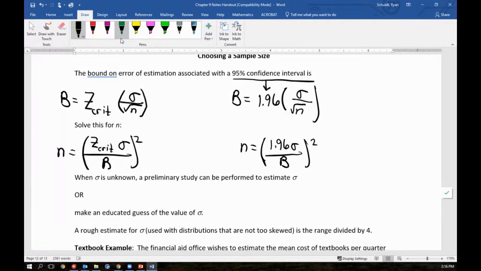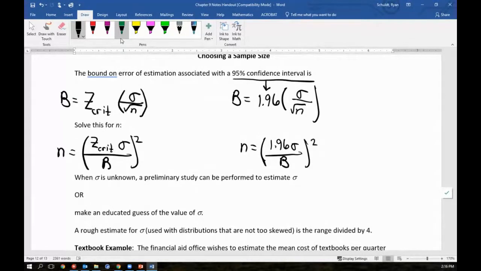Now, when sigma is unknown, a preliminary study can be performed to estimate sigma. Okay? Or, as we talked about last time, sometimes on these sample sizes it's not reasonable to try to do a preliminary study.